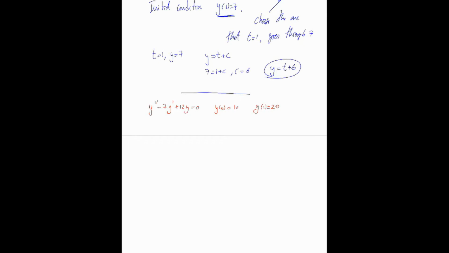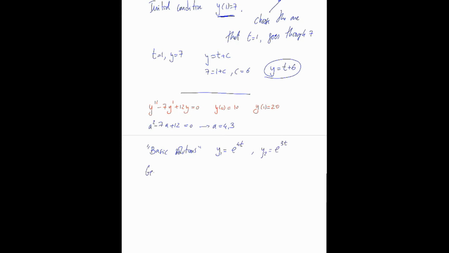To solve this, as we have seen in class, you make the characteristic equation a squared minus 7a plus 12 equals 0, from which you get a equals 4 and 3. Hence, we have what I have called in class basic solutions of this equation, given by y1 is e to the 4t and y2 is e to the 3t.